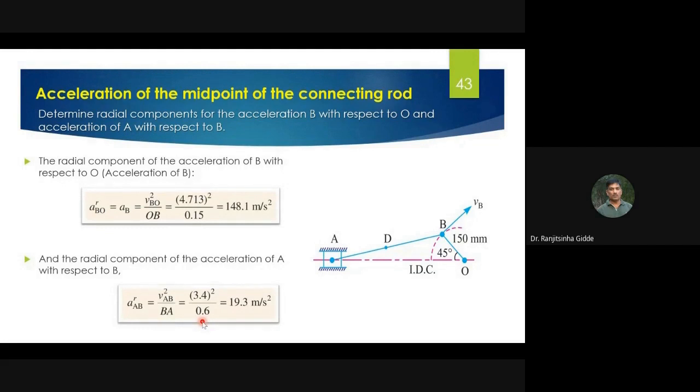Those are useful to calculate the radial component. Up to this completed? Yes, sir.